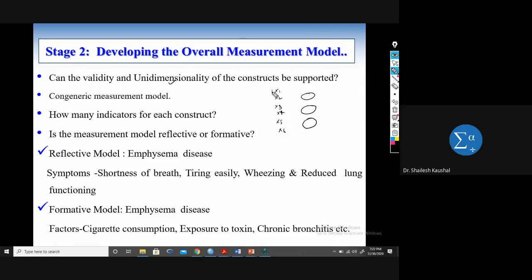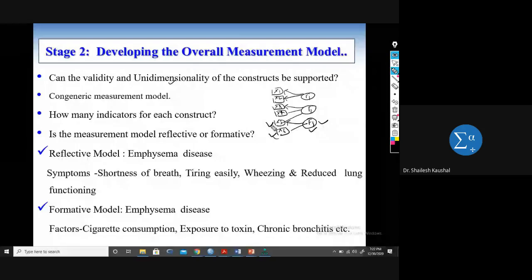These are the questions. Now unidimensionality, this particular variable is related to only this factor, f1, f2, f3, this one related to only this.